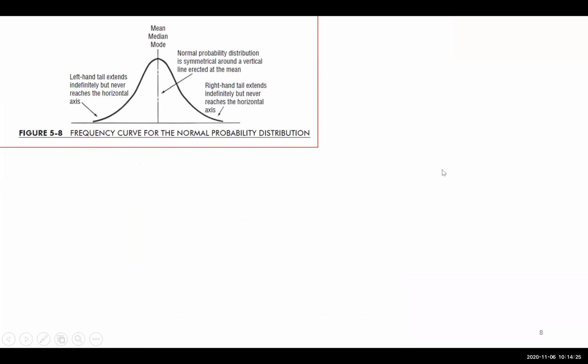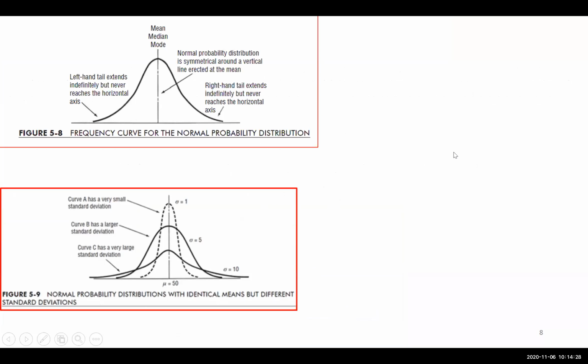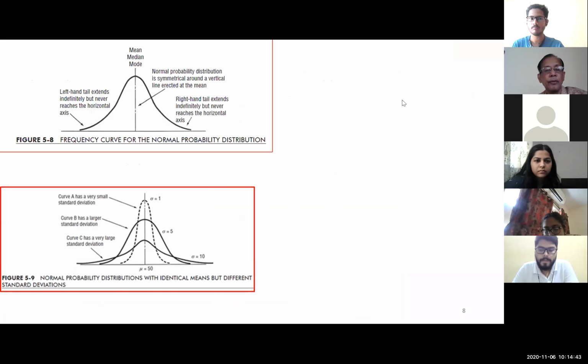Now have a look here. I was telling that it is a symmetric as well as perfect bell-shaped curve. Please see, I am showing you 3 symmetric curves, just to tell you that all symmetric curves may not be normal, but all normal curves will be symmetric.